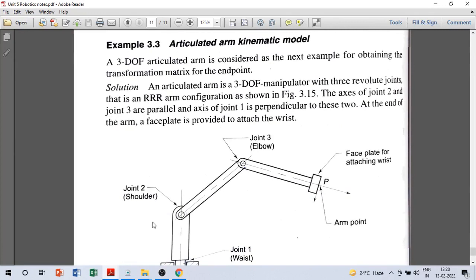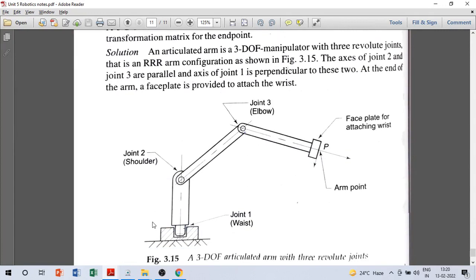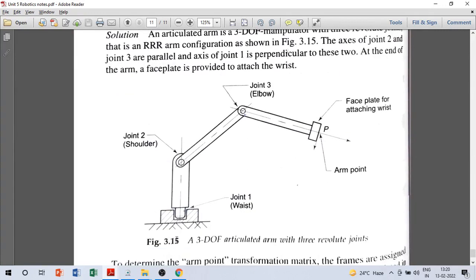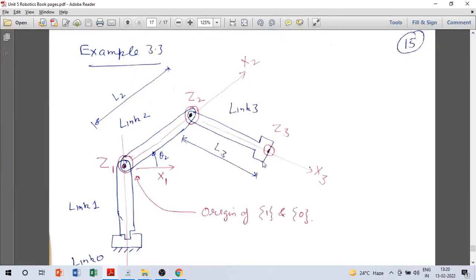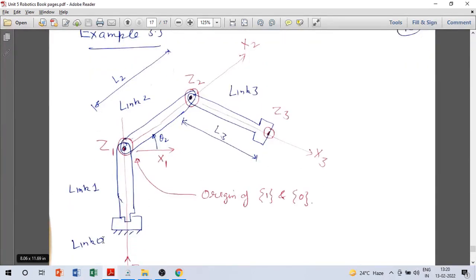So this is an articulated arm. It has 3 revolute pairs, one here, another here, and another here. For this configuration, again, we assign links first: link 0, link 1, link 2, and link 3.